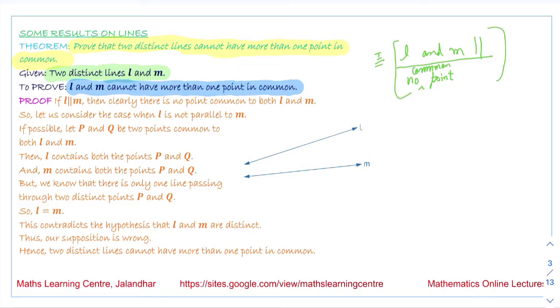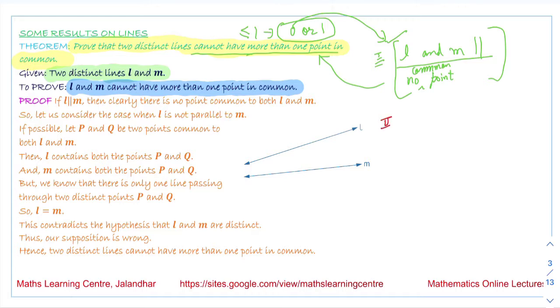So our theorem is satisfied. The theorem says they cannot have more than one point, which means less than or equal to 1 point, so either 0 points or 1 point in common. When L is parallel to M, there are 0 common points.